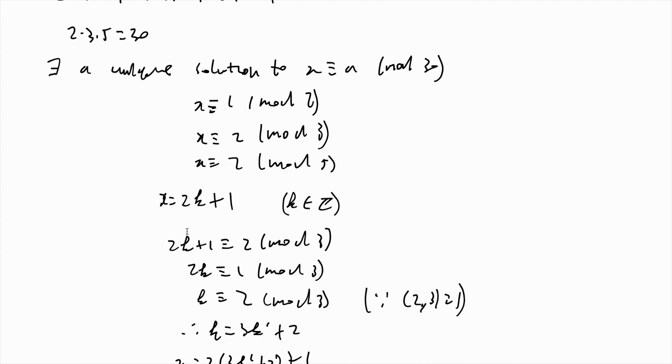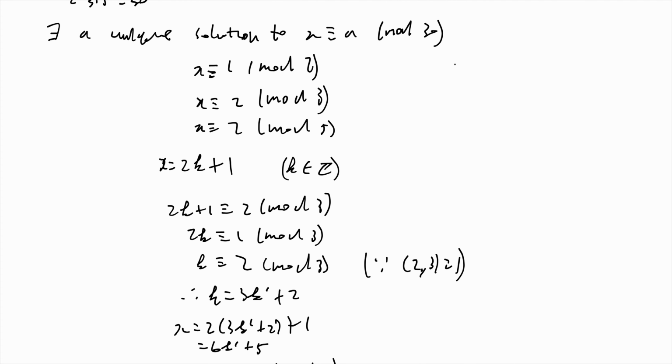And if you want to fact check it, we know that x is equal to 30k prime plus 17. Let's substitute it here.